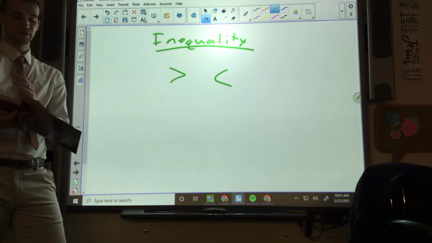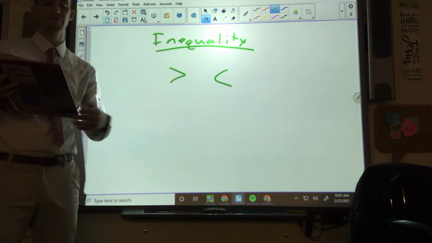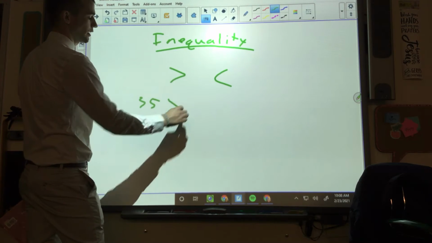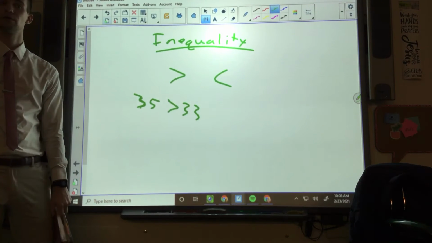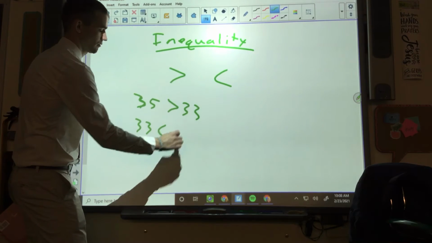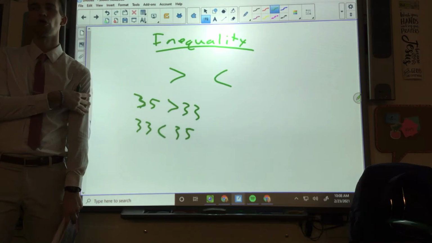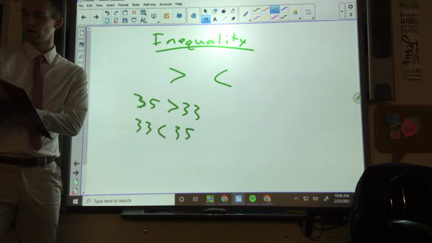On the bottom of it, it says you can use a number line to compare whole numbers. So 35 is greater than 33. If I say 35 is greater than 33, the other way would be 33 is less than 35. Do those mean anything different? No, they do not. They mean the exact same thing.